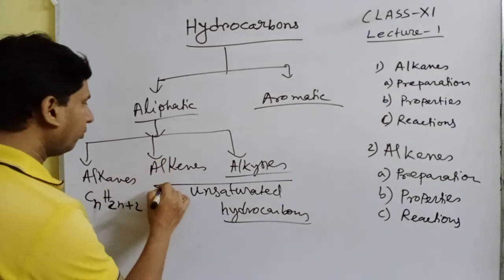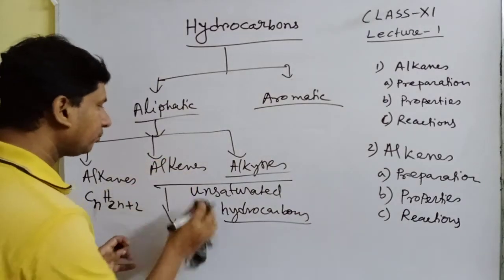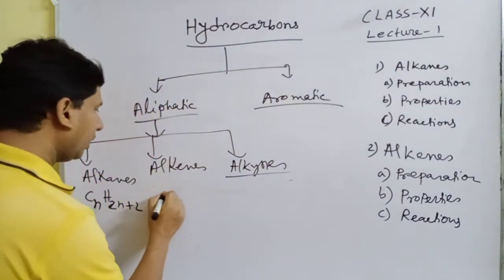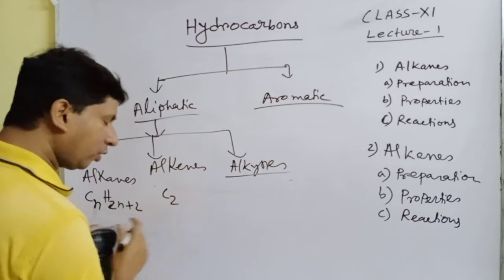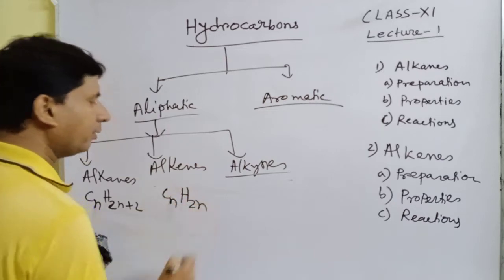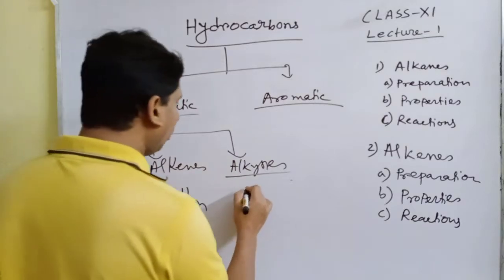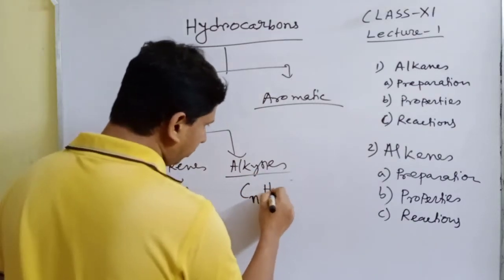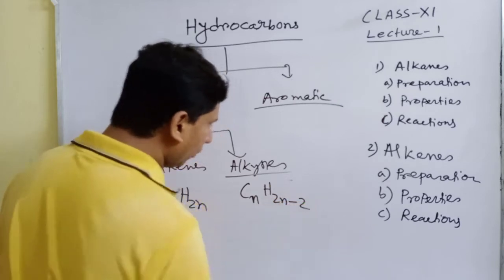And the general formula of alkene is CnH2n, and alkyne is CnH2n-2.